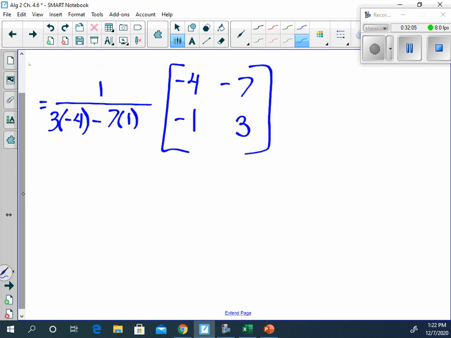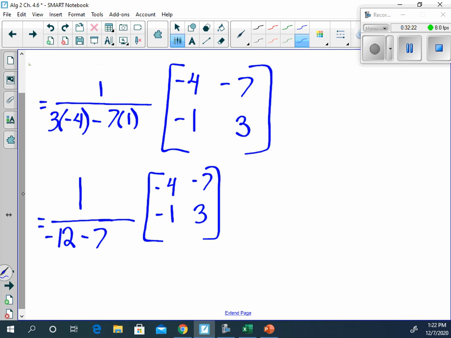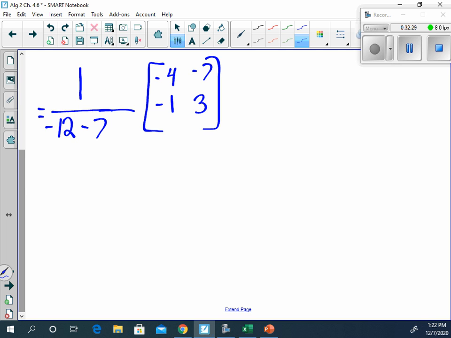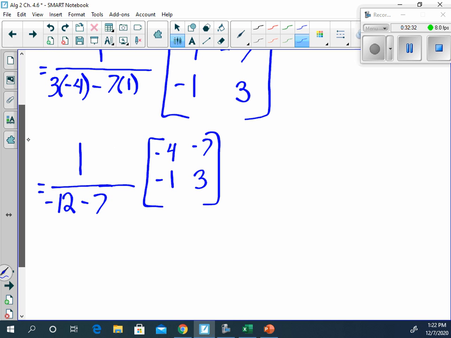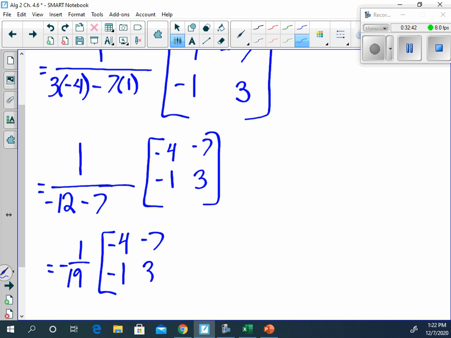Now we're going to simplify and solve. Well, 3 times -4 is going to be -12. -7 times 1 is just going to be -7. -12 minus 7 will give us -19, so we have -1/19 out front.